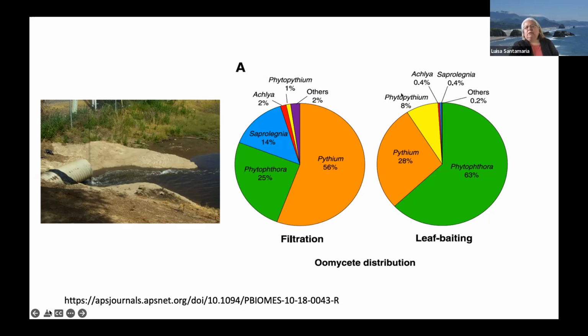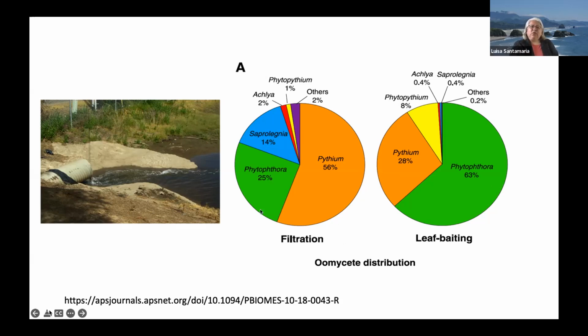Phytopythium is a new genus, based on, as I said, the studies of taxonomy based on DNA, and they identified it as a new genus that now is really common in nurseries and was before classified as a Pythium species. That's what I can tell you about that, since it's in the graphic.